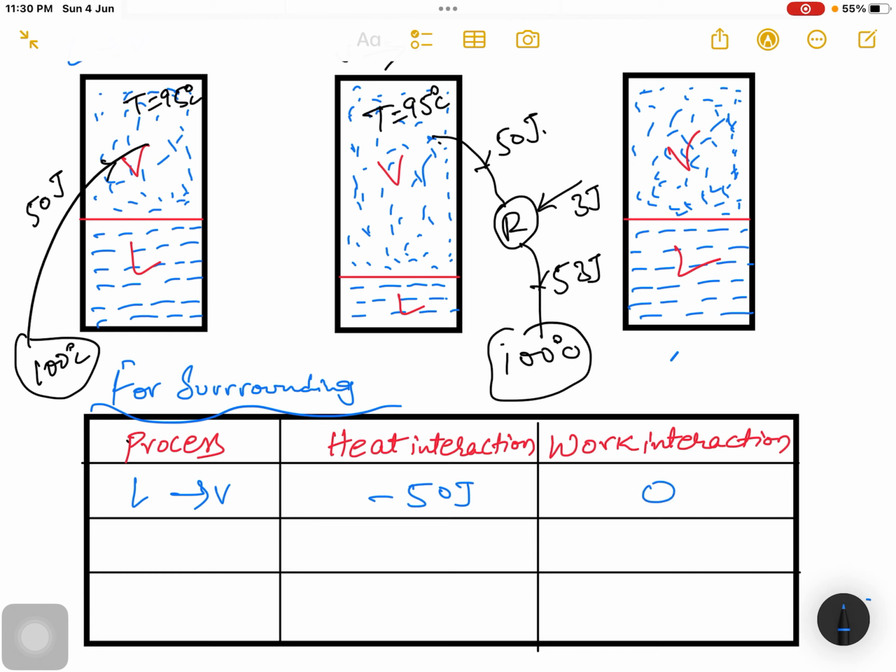At an equilibrium state, this is the vapor and this is the liquid.